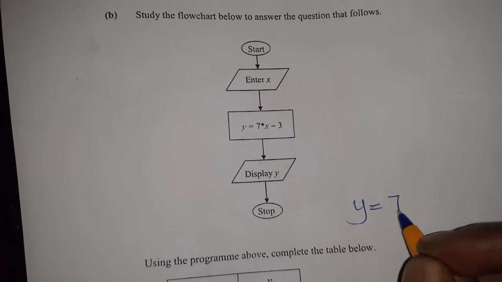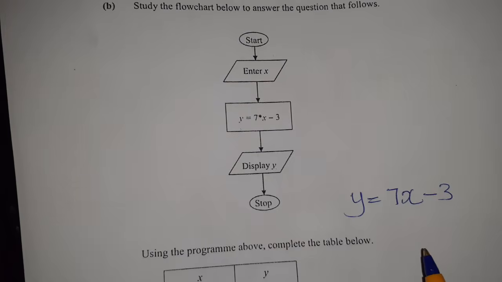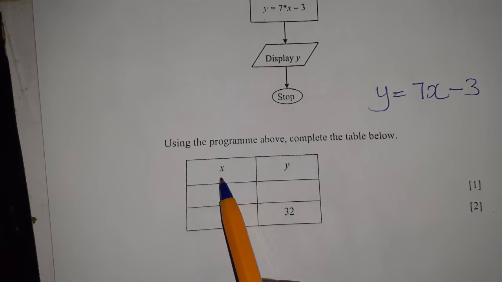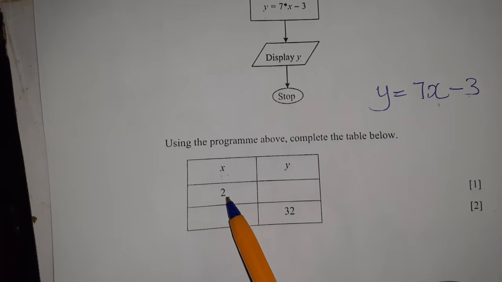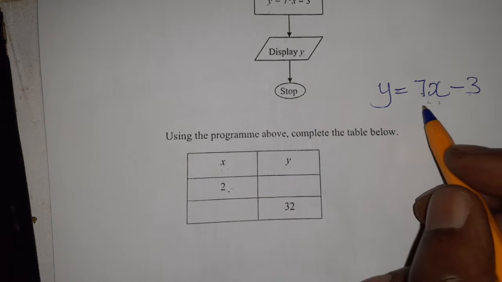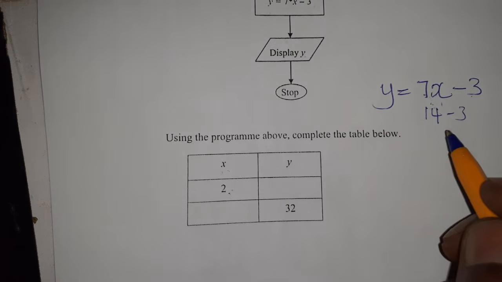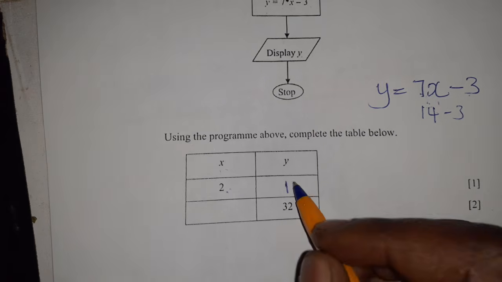Y is equal to 7x minus 3. So in the table, when x is equal to 2, what is y? You multiply 7 by 2, you get 14. 14 minus 3, what do you get? You get 11, isn't it? So this is 11.